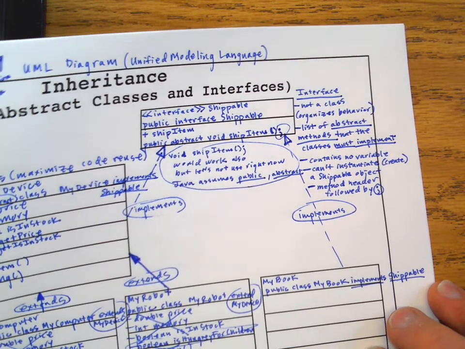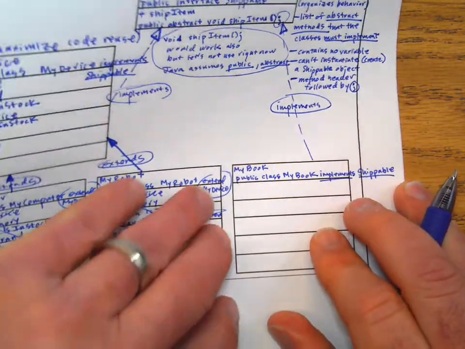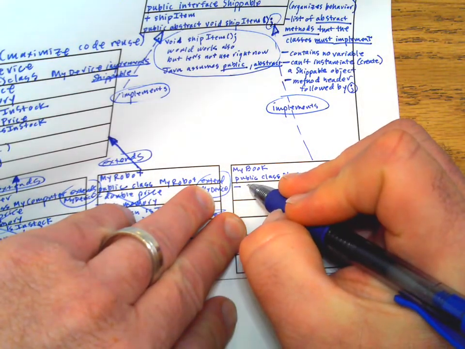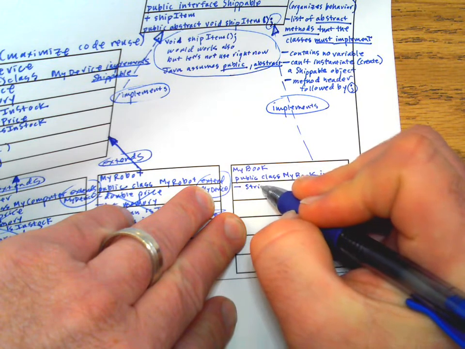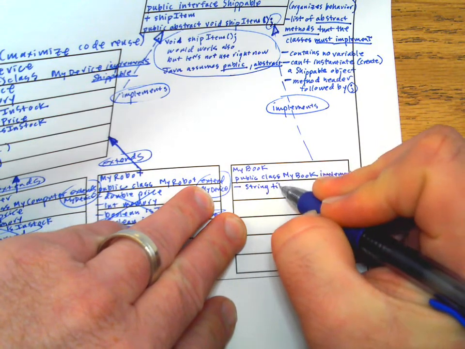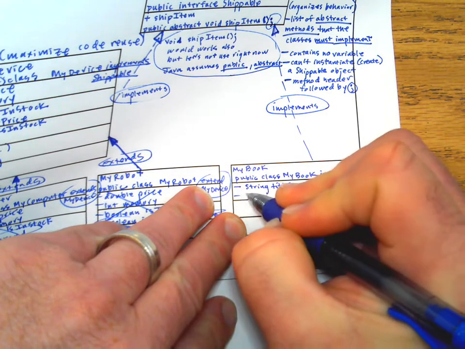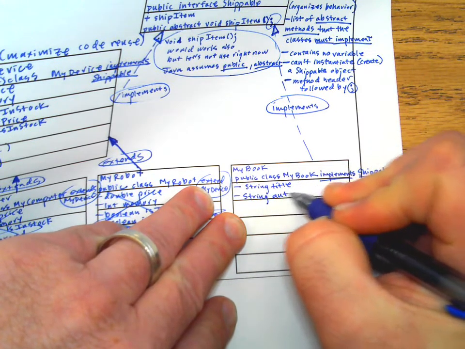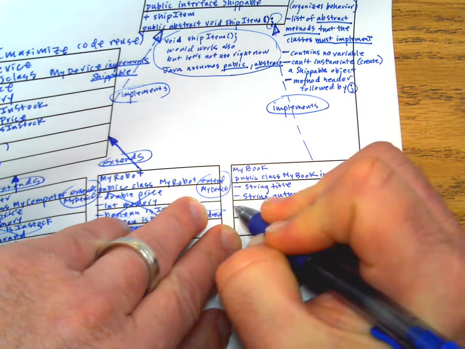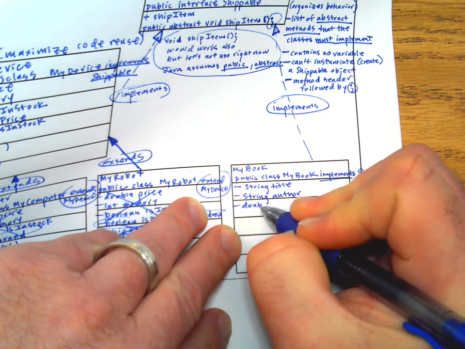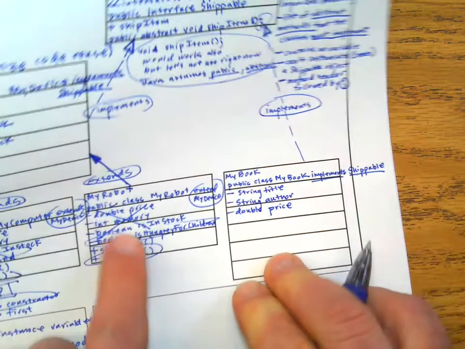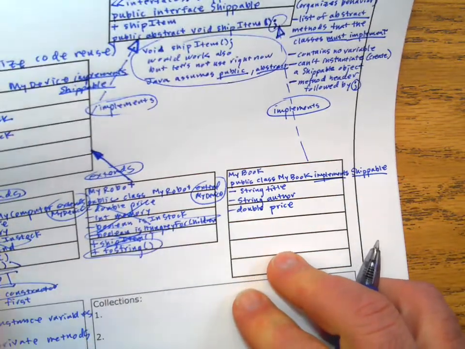So in your MyBook, we're going to put private instance variables. The negative means private. String title, string author, double price. It's going to have a price, but these guys, we didn't put price in them because they all get it from this guy.